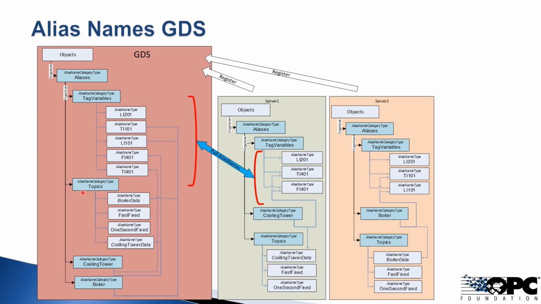So again, a similar feature where I may not know where I can get certain data, but I know what the data is called. And so if I know that I'm supposed to subscribe to boiler data, I can go look up the topic called boiler data, and now I get the information I need as to what I need to subscribe to receive that boiler data without knowing anything about the absolute locations, IP addresses, etc., of the publishers that might be sending out boiler data.